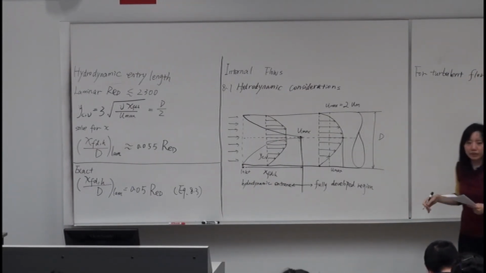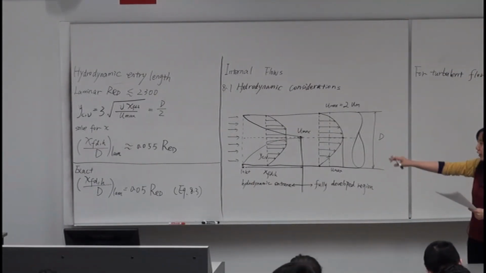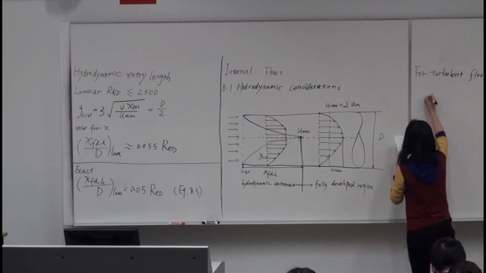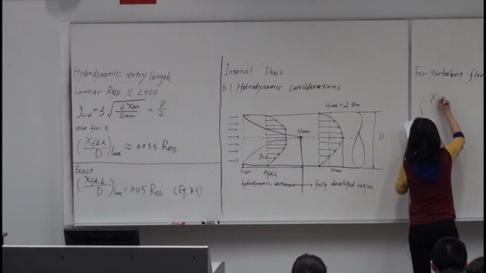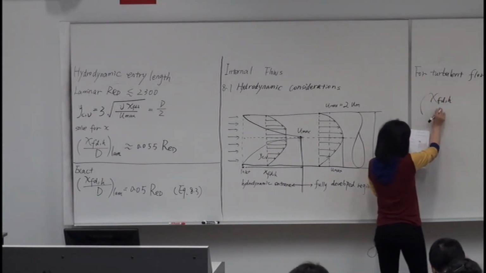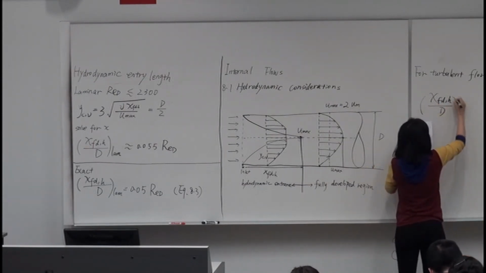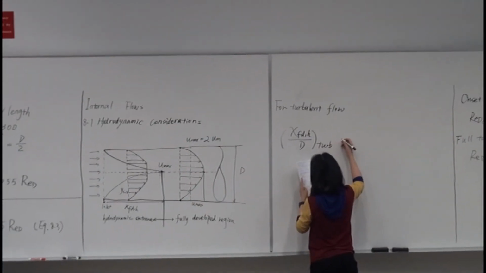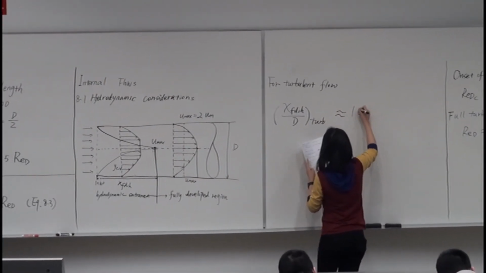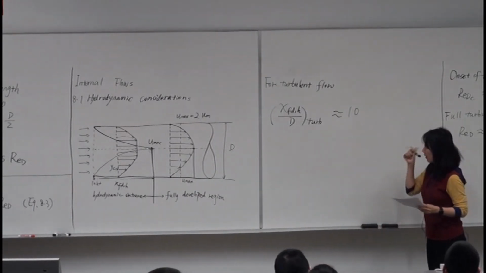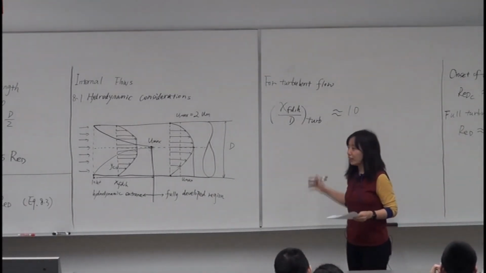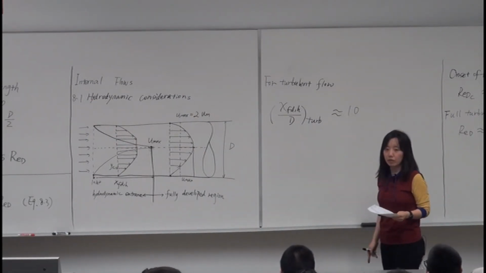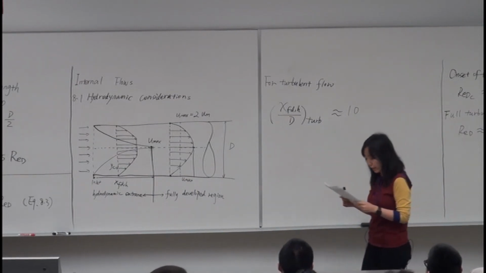It does not have a very general, explicit equation like that, but the textbook gives us that for turbulence, the fully developed hydrodynamic entry length is more or less 10 diameters. It is almost independent of Reynolds number, which is different from our laminar case.